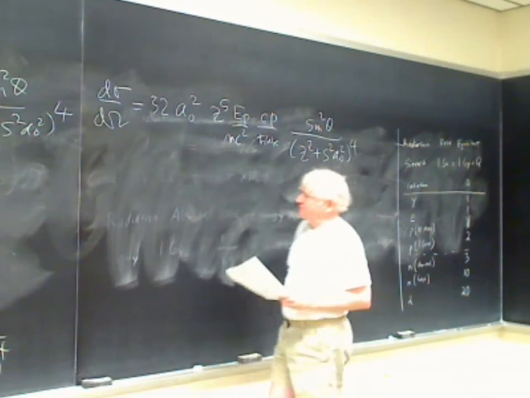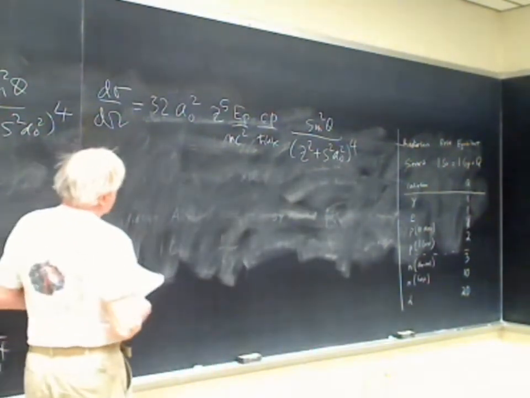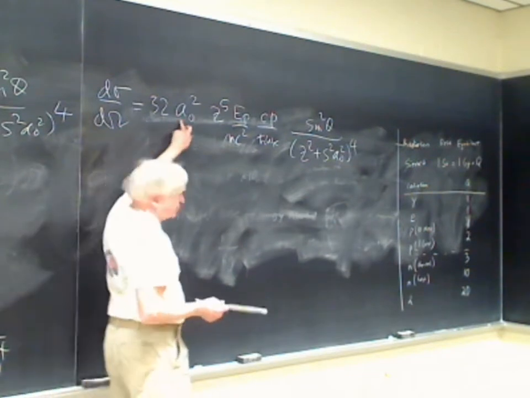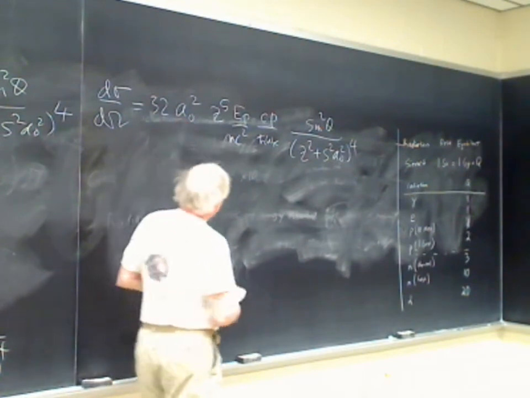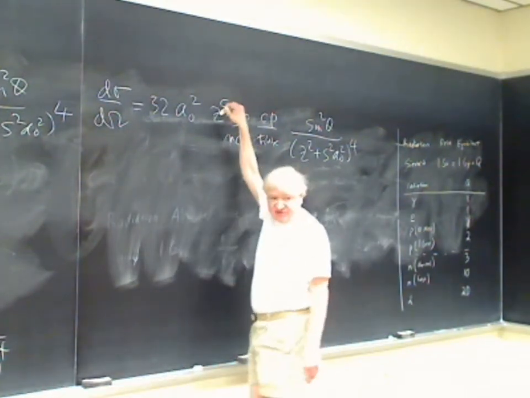I think this is actually the nicest way of writing it, because it tells you that the cross section is roughly this area, the Bohr radius squared, and then it's reduced by several factors. It's enhanced by Z to the 5th.